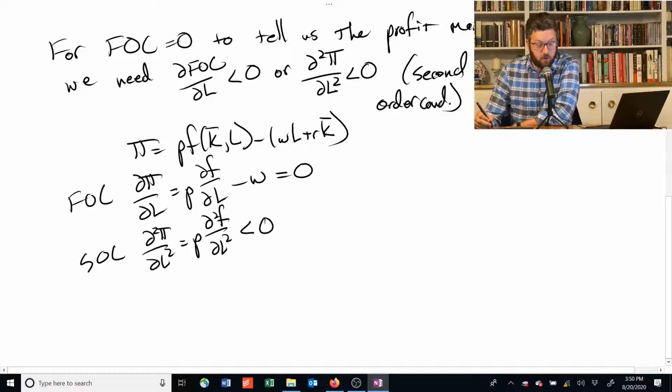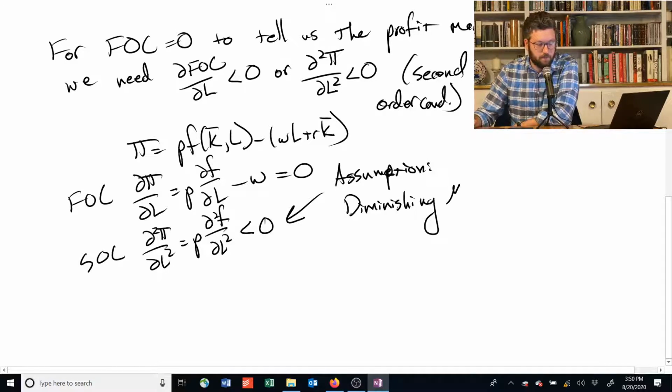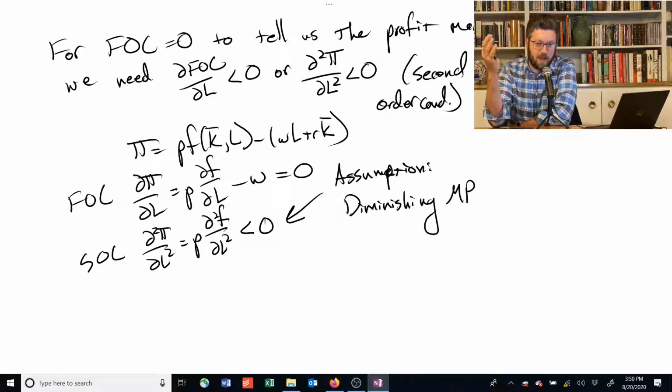Fortunately for us in this course, we've kind of made an assumption that guarantees that this second one is going to hold, okay? We assumed, this is an important assumption for this technical detail, diminishing marginal products. Okay, remember the marginal product of labor or capital is how much extra output you get when you increase your labor or you increase your capital.